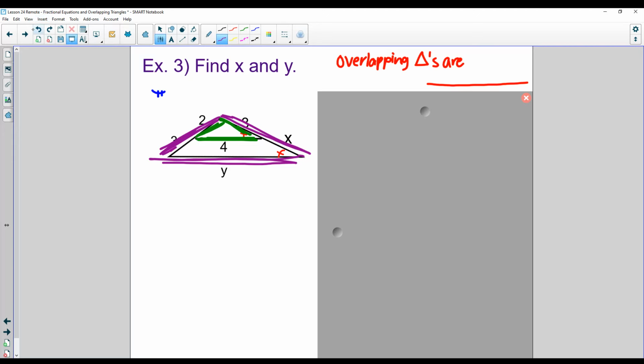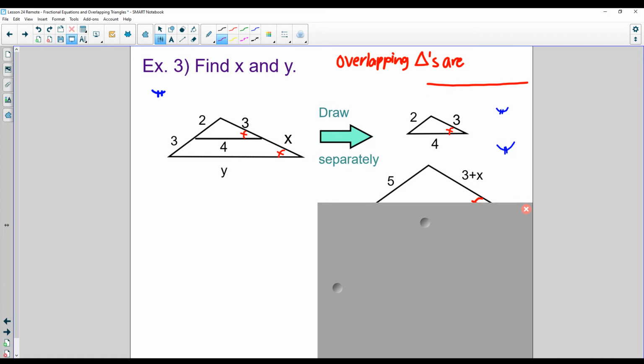Okay, so as long as you see those two triangles, let's get rid of this. It is important that we draw these separately. Overlapping triangles are always going to share a common angle. So notice, if I give you this drawing here on the left, these red angles are marked, so those are given.